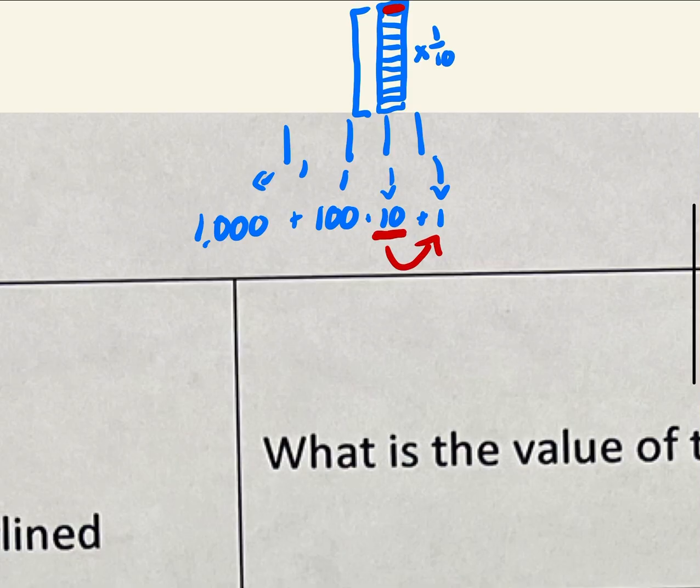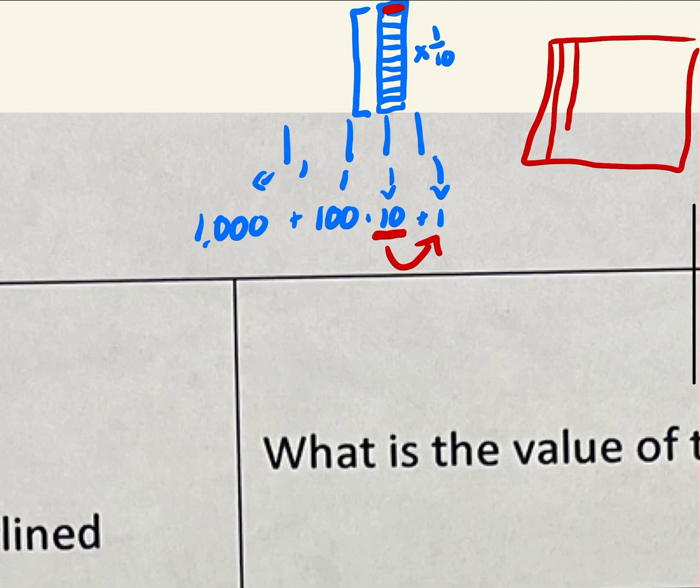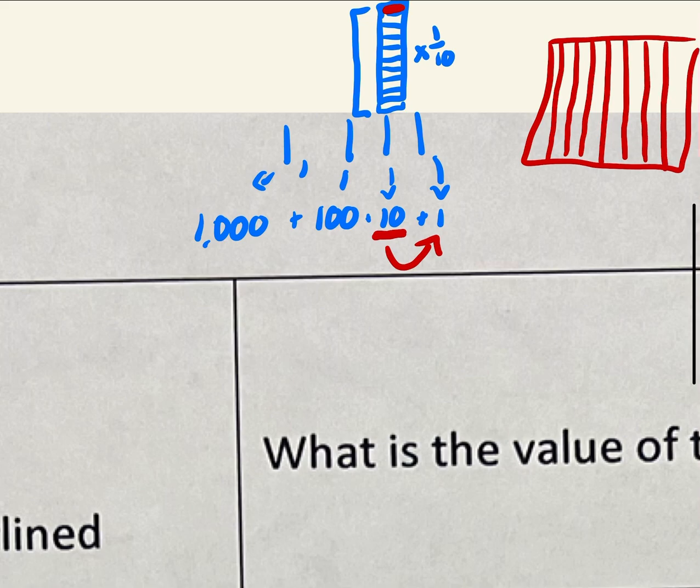Also think about it as a hundreds block. A hundreds block is made up of 10 rods. So there's my 10 rods, there's my hundreds.